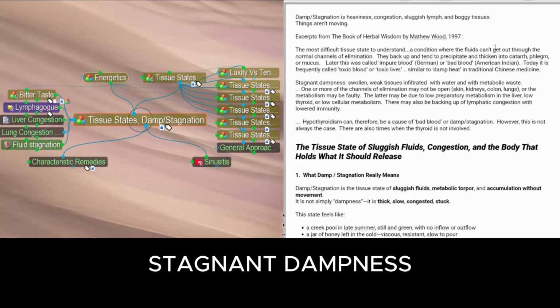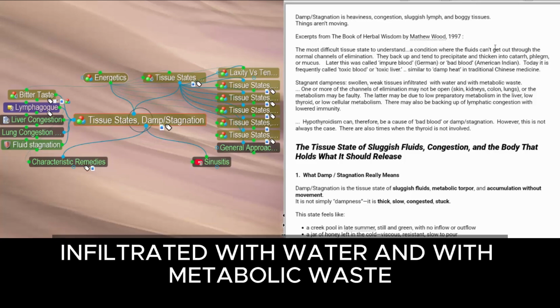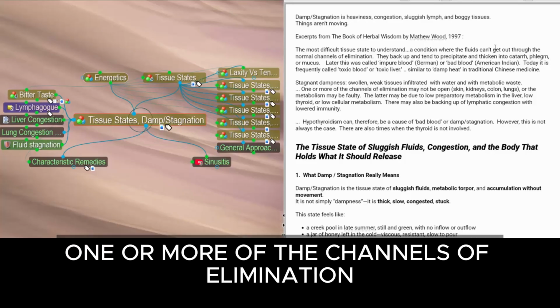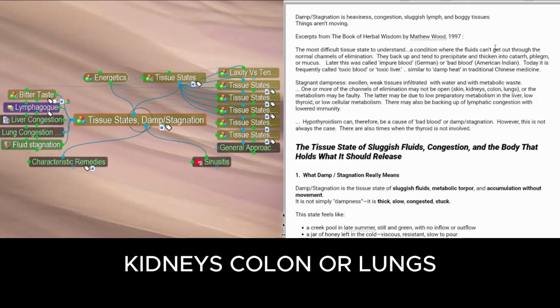Stagnant dampness: swollen, weak tissues infiltrated with water and with metabolic waste. One or more of the channels of elimination may not be open, such as the skin, kidneys, colon, or lungs.